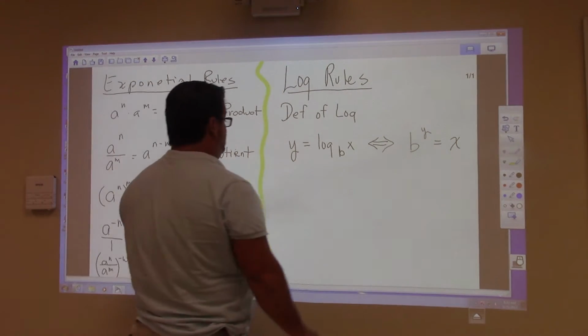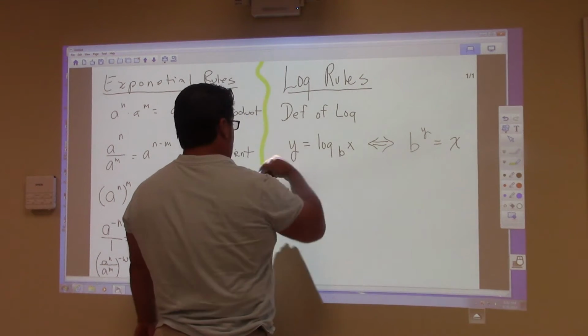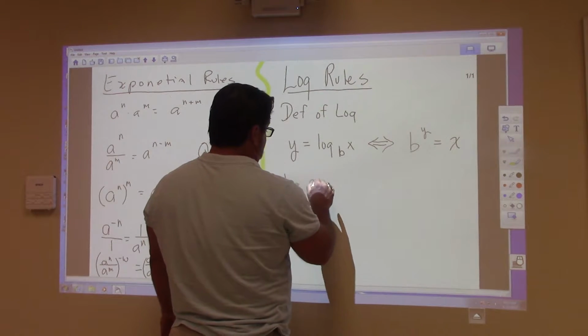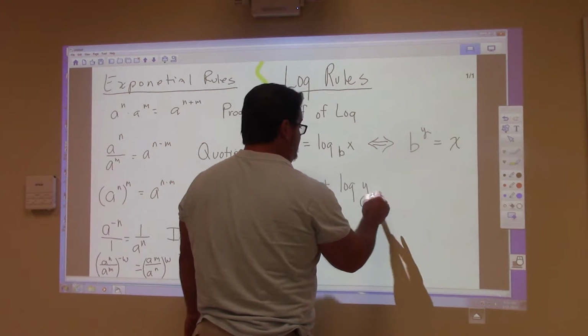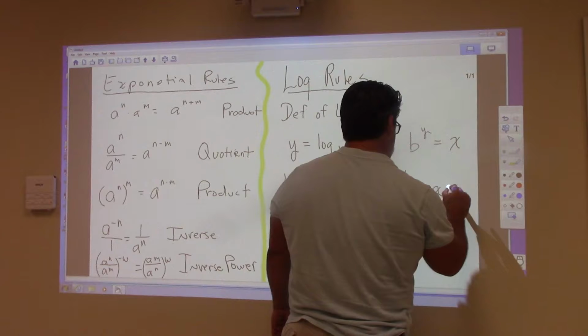You also have the change base formula, or we'll go through the product rule first. Log of x plus the log of y is equal to the log of xy.